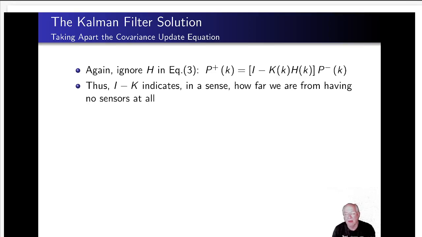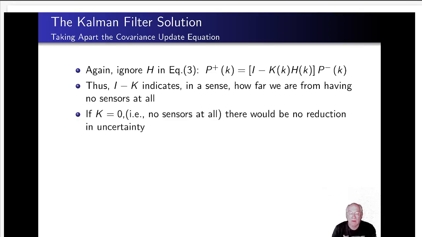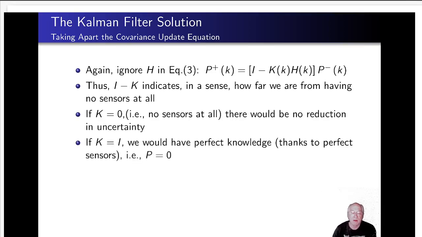But if K is equal to 0, it says we have no sensor at all. So if K equals 0, then there would be no reduction in uncertainty, because that means we have no sensors at all. On the other hand, if K were the identity, we would have perfect knowledge thanks to perfect sensors, and therefore P would be equal to 0. In other words, with no variance, no uncertainty, we have perfect knowledge.